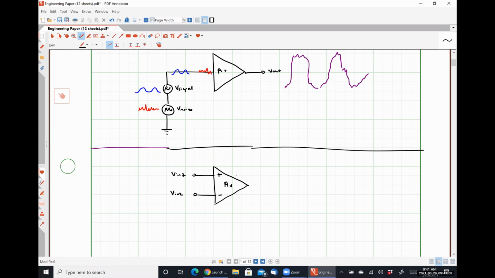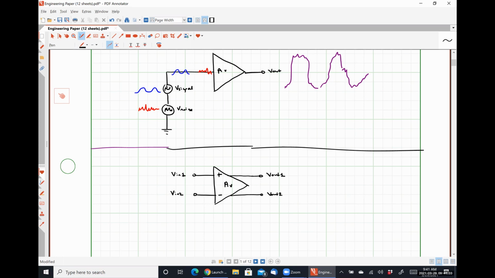But we might also see that we have two outputs, Vout1 and Vout2. So this would be a fully differential amplifier, right? We have two input signals, we get two output signals.